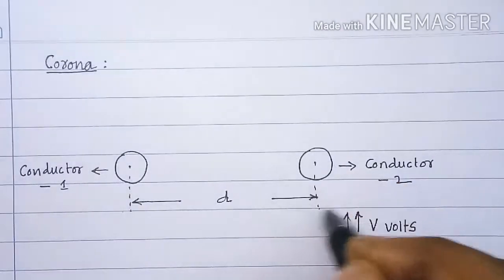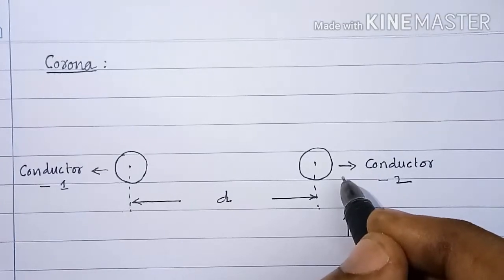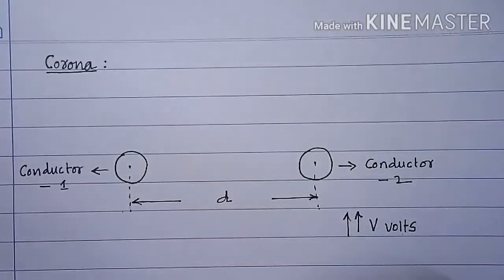The intensity of the glow will increase along with the noise, that is hissing sound. This phenomenon is known as corona.